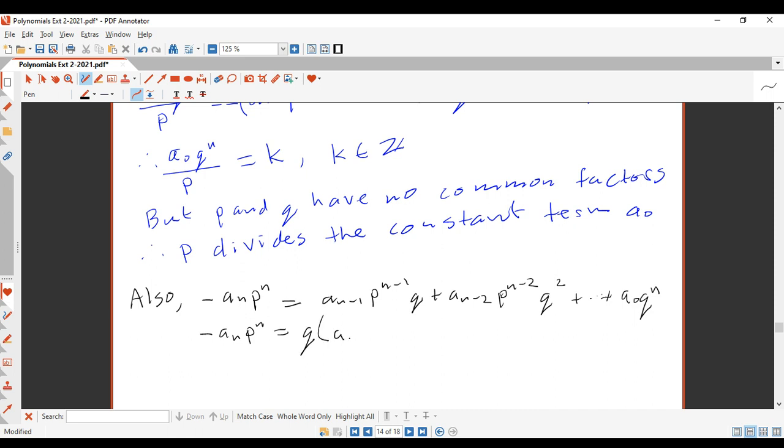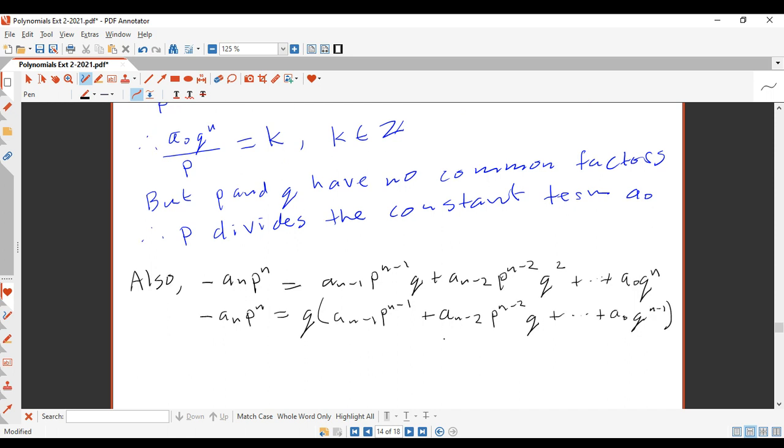It's going to be a n minus 1 p to the n minus 1 plus a n minus 2 p to the n minus 2 q plus dot dot dot plus a naught, and that'll be q to the n minus 1.